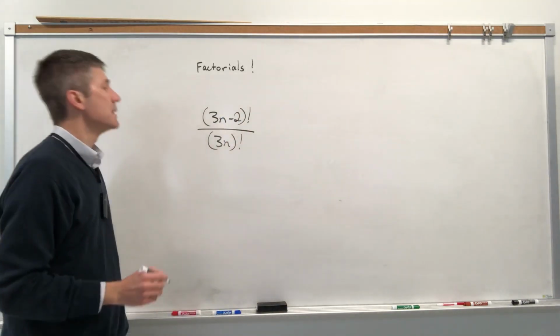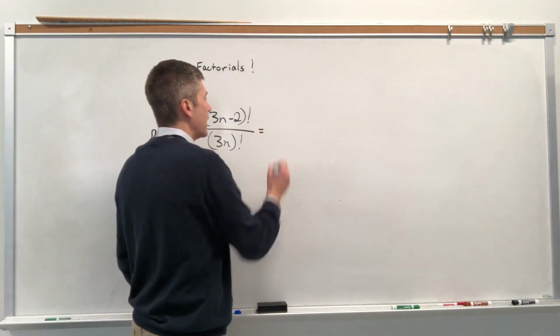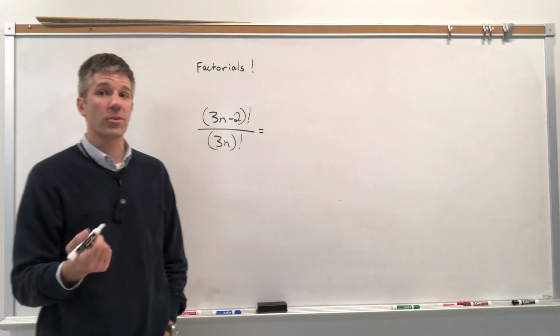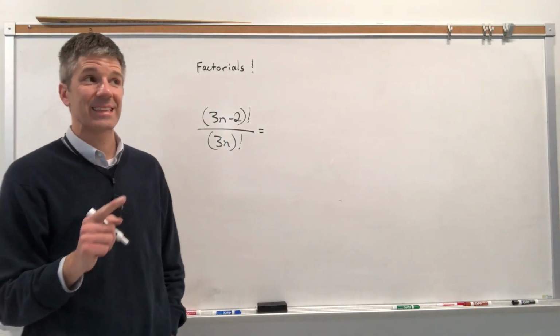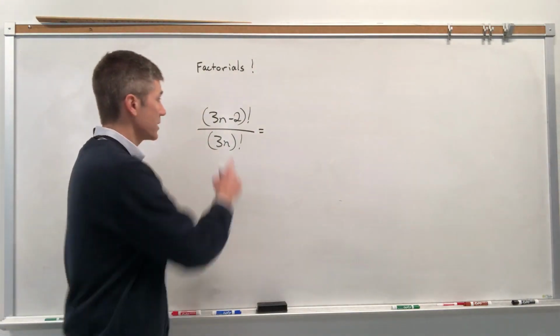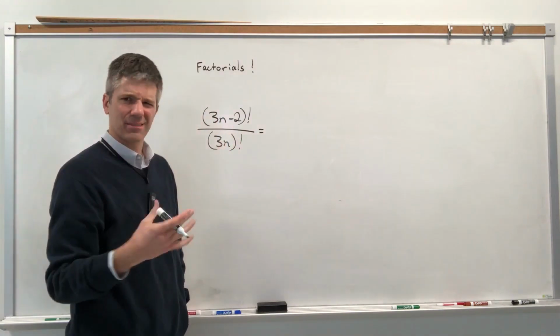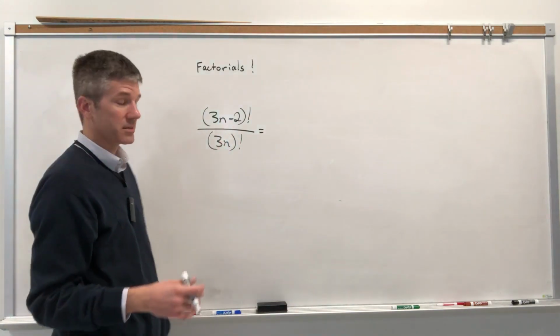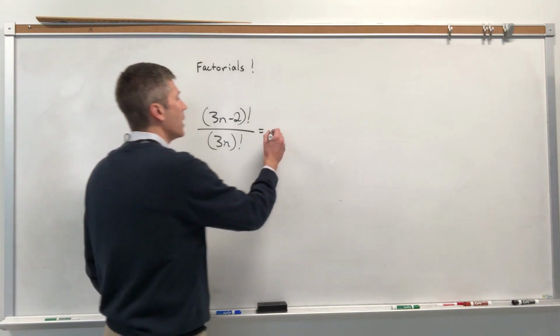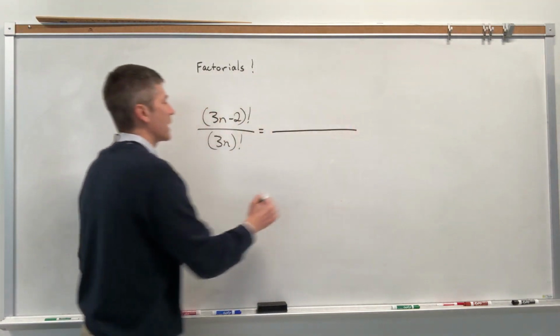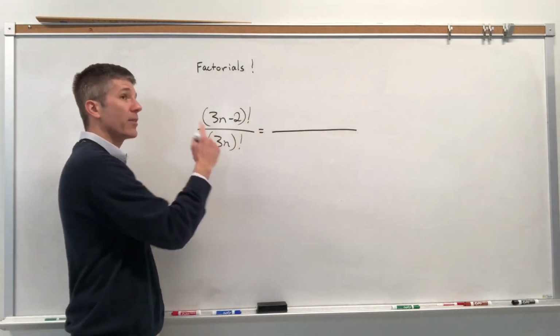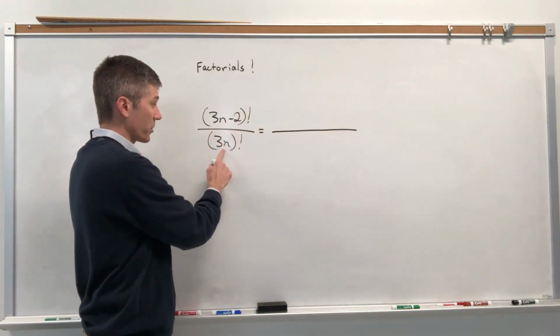Okay, let's start. I'm very tempted to start with the numerator in this case, but the numerator actually is less than the denominator. It's 2 less in a sense. Not exactly 2 less. It's not going to be 2 less at all. But it is less in that we are starting counting down at a lower number. So let's start with this one.